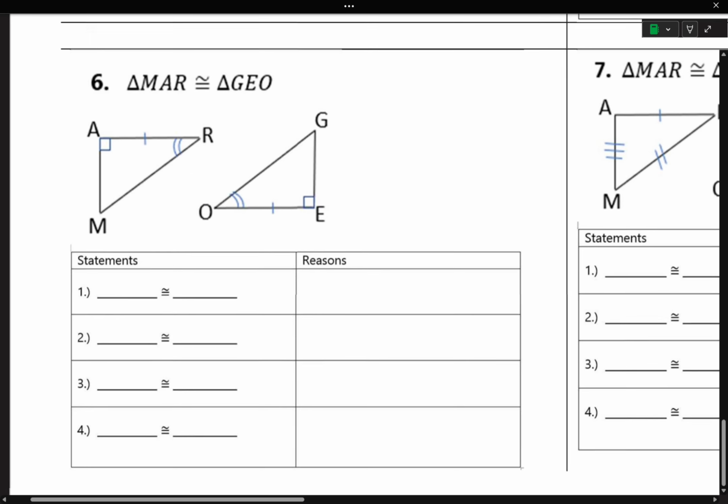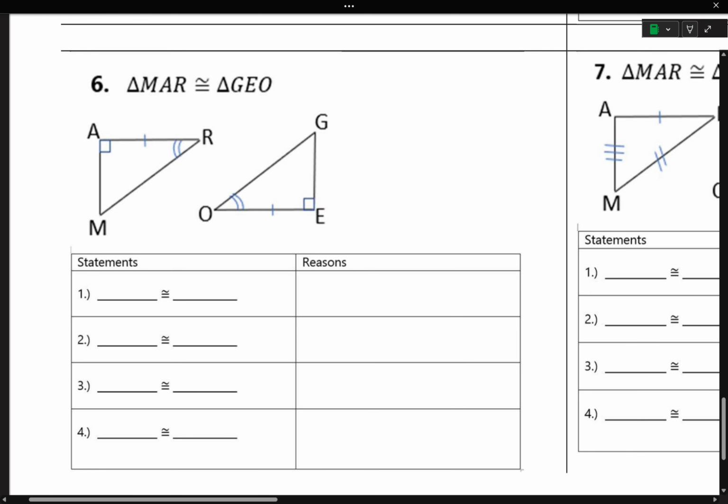Let's look at 6. All right. In number 6, I notice this triangle has an angle marked with 90 degrees. So does this one. We have a single side, and a double arch, double arch. Is angle, then side, then angle one of our congruencies? Sure is. Let's prove it.